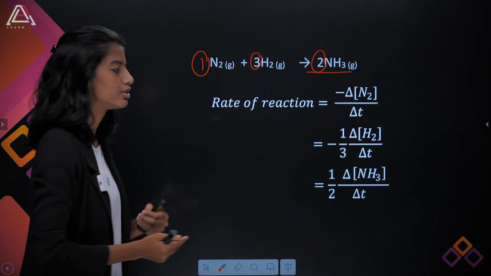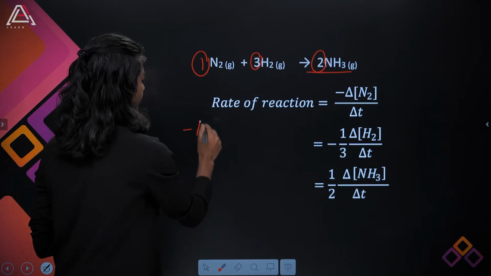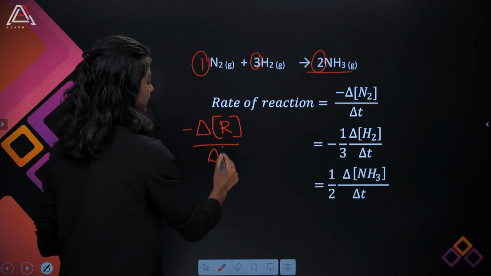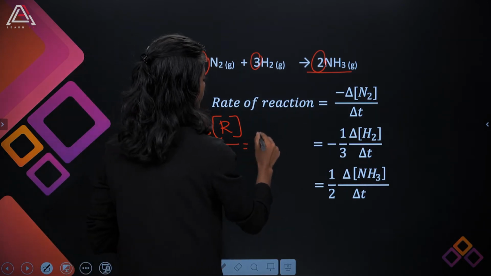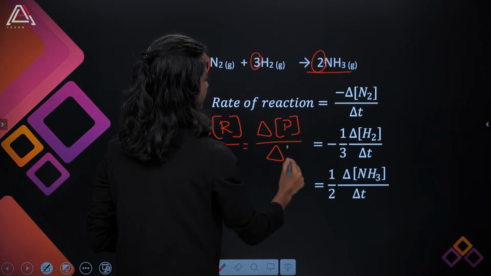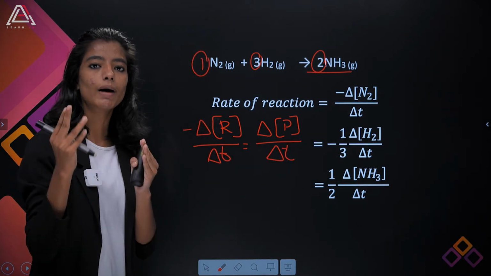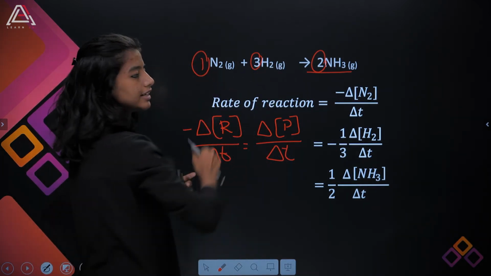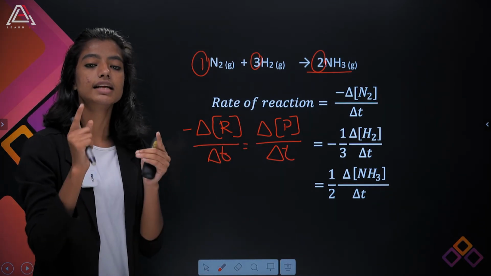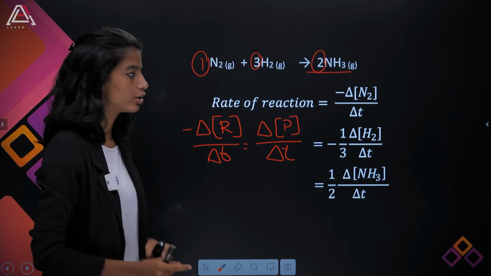Yes. Now we have to determine the rate of this chemical reaction. Do you remember the average rate of reaction? Yes. Minus delta concentration of R divided by delta T is equal to delta concentration of P divided by delta T. Now, dividing by the stoichiometric coefficient in this average rate equation will give you the general rate of the reaction.